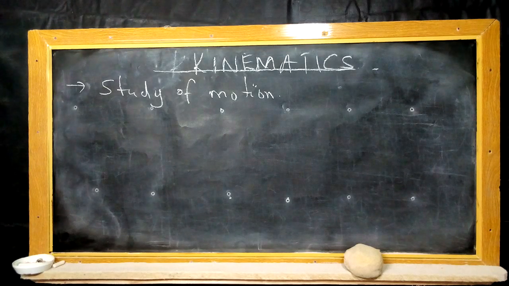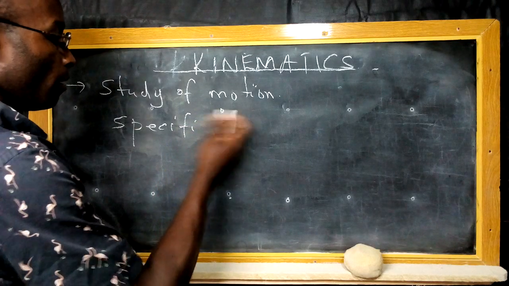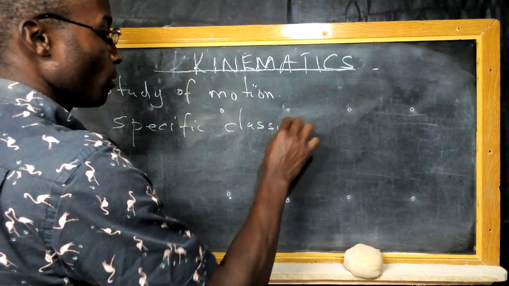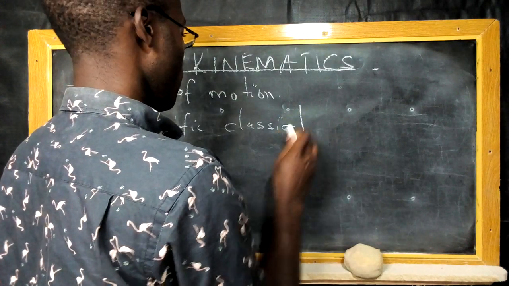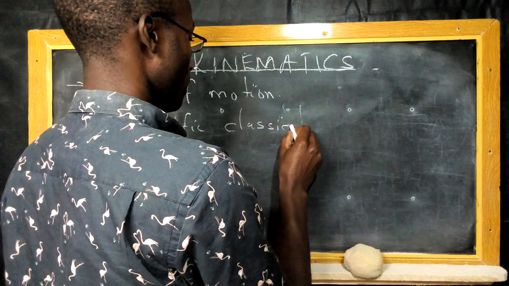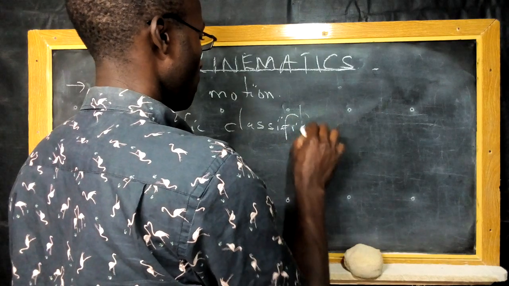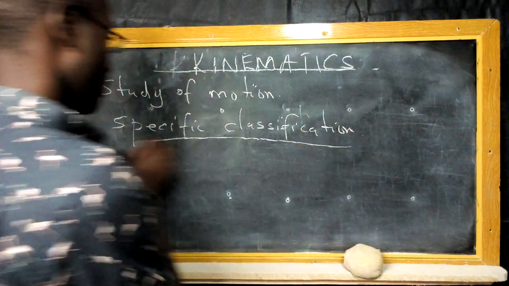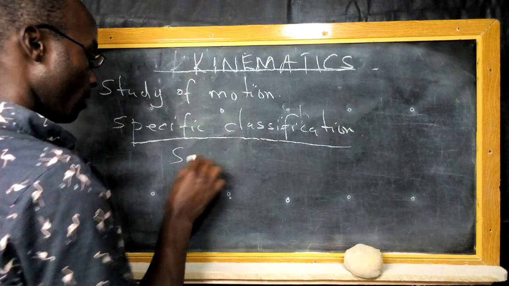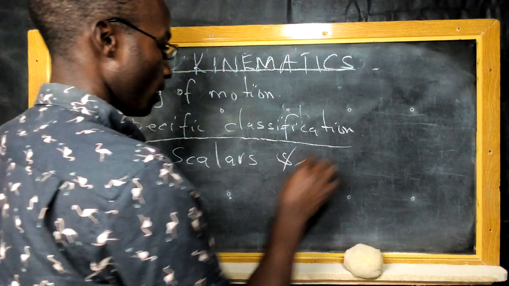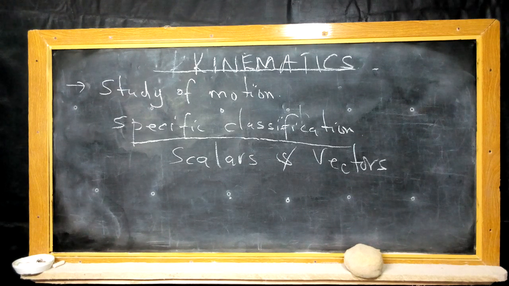But we are going to look at specific classifications that are going to assist us in differentiating these terms, whether they fall under one category or another. We're going to look at specific classifications which basically entail the concept of scalars and vectors, because the terms we are going to mention will fall under these two categories.